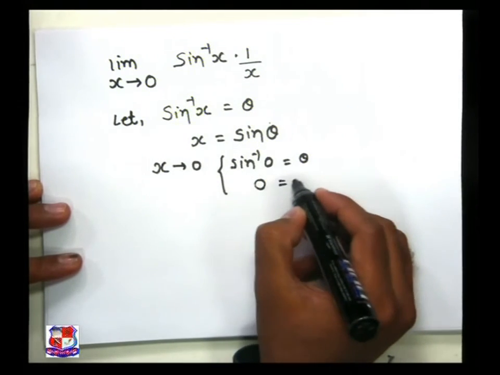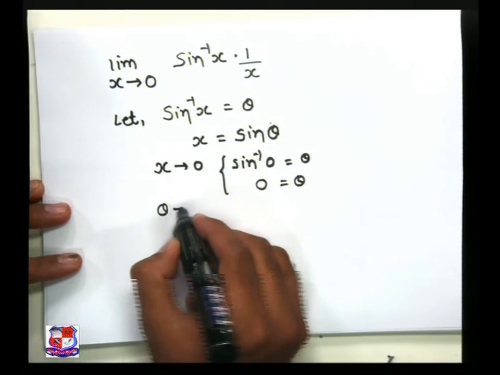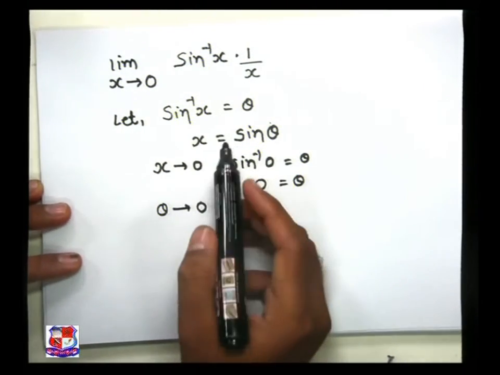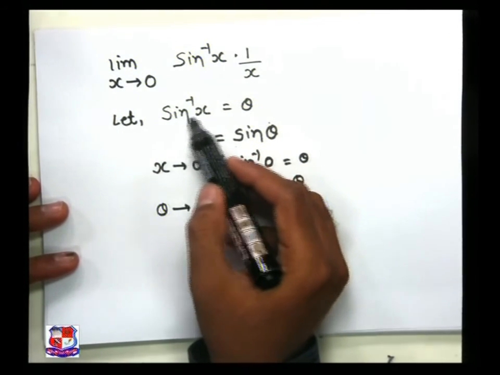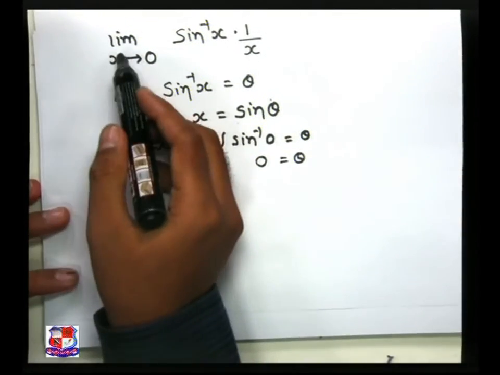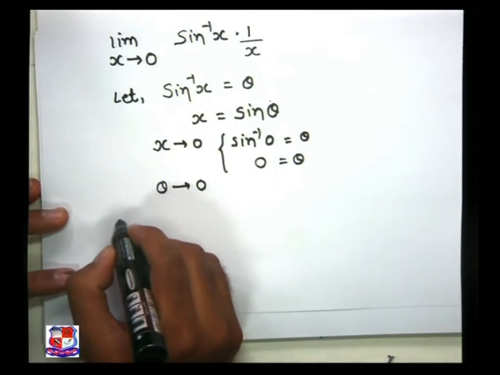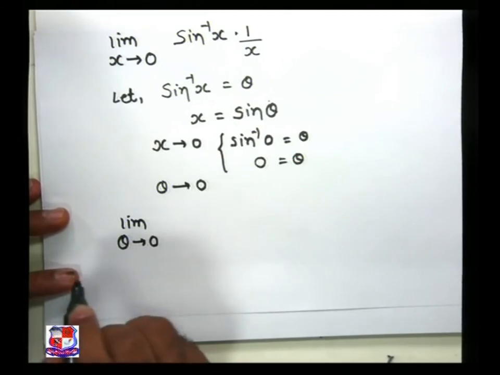That is 0 equal to theta. So in this way we can write, when x tends to 0, theta tends to 0. So next step is to change the limit, because here we assumed sin inverse x equal to theta. So now write x tends to 0, theta tends to 0.